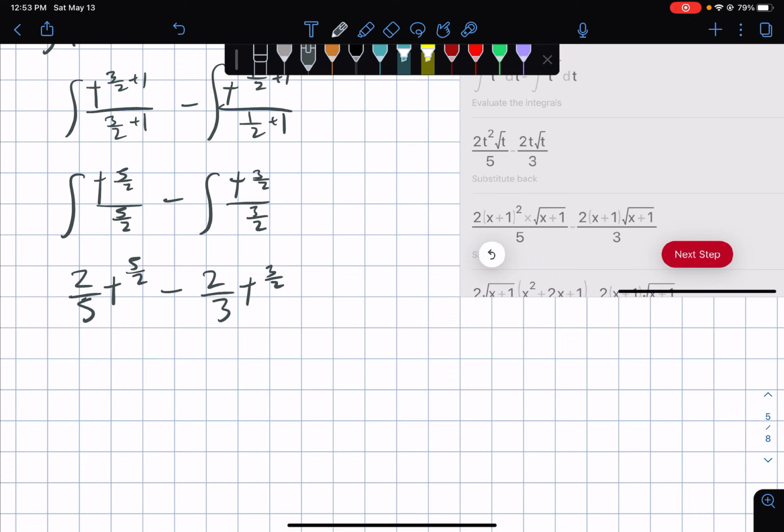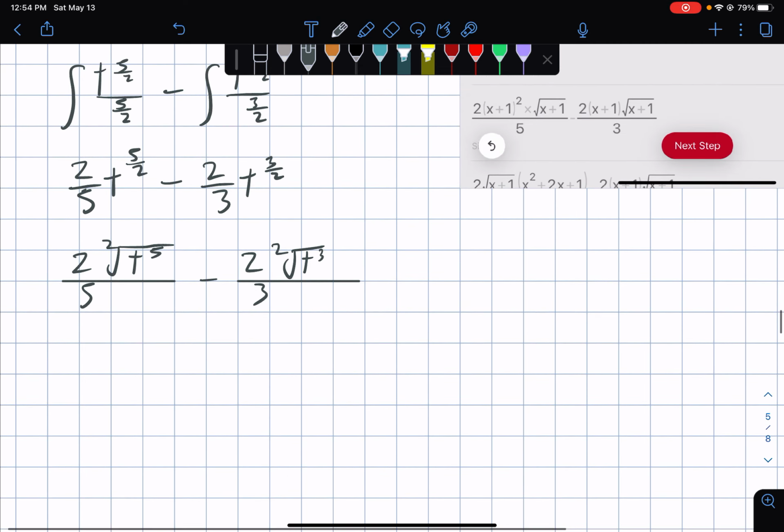And if you translate that into radical form, I think it's supposed to look like this. The 2 and 5, oh no, other way around. And then the other one would be like this.